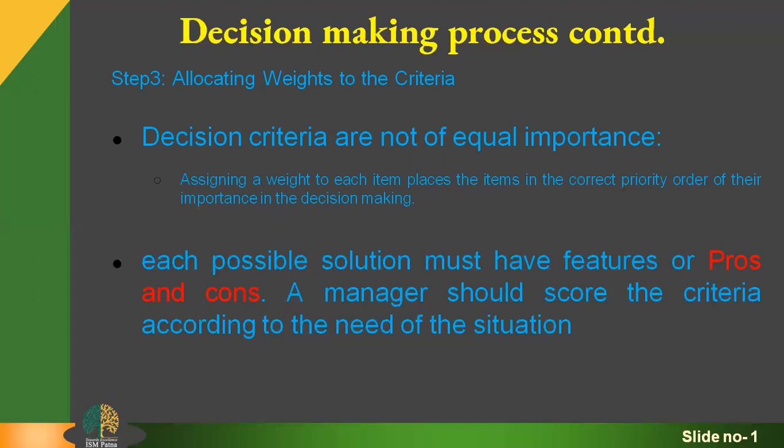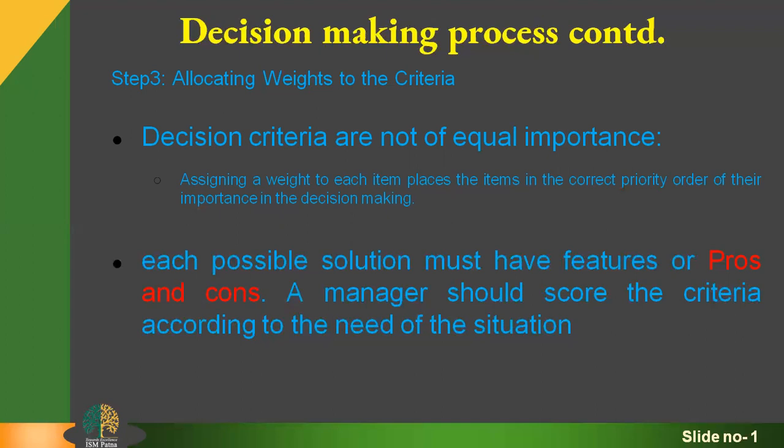Then allocating weights means people will add or count measures to these criteria for decision making. The criteria or alternatives or options with the highest number of measures will be taken with maximum weights. And the criteria having the maximum weights will be very suitable for decision making, as it will be foolproof in comparison to other criteria having lesser weights.